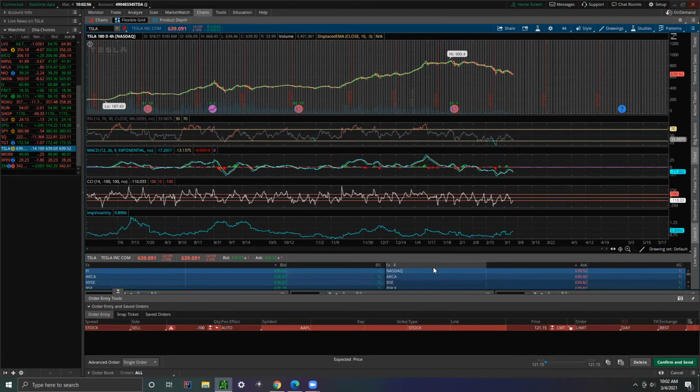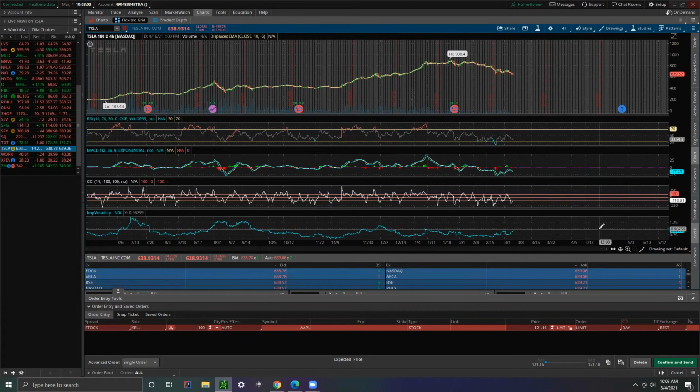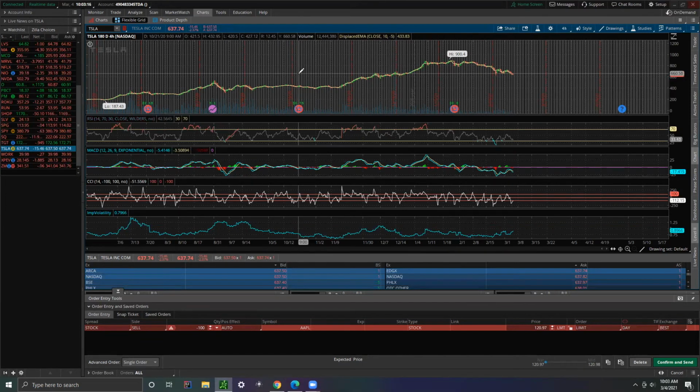So what the CCI does is help you confirm price momentum. Using the CCI along with the MACD and the RSI, all three of these can help you, I don't want to say predict the price exactly, but it makes you a lot more confident in your technical predictions.